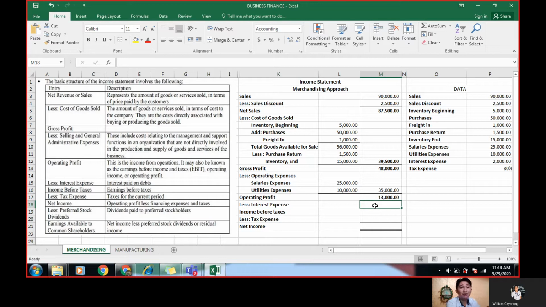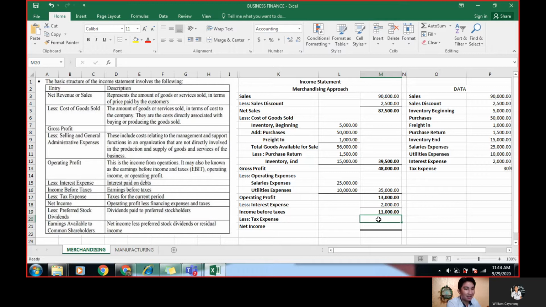For example, you have loans from your banks. Okay, that's 2,000 pesos. Ayan, so the income before taxes here, 13,000, equal sign pa din, 13,000 less 2,000. Yan, 11,000 pesos. Okay? So, out from the 11,000, babawasan natin yan ng tax expense.